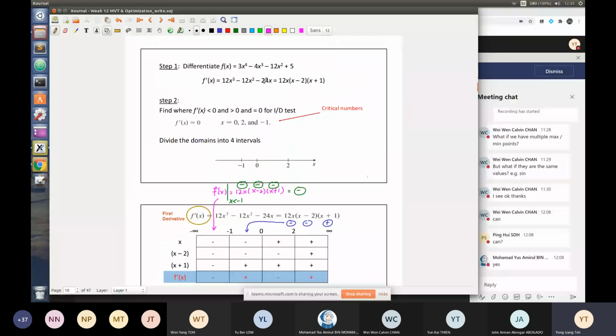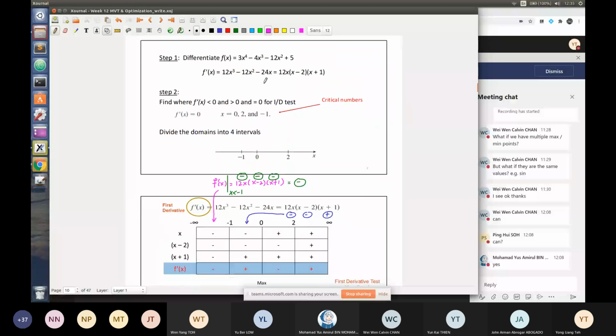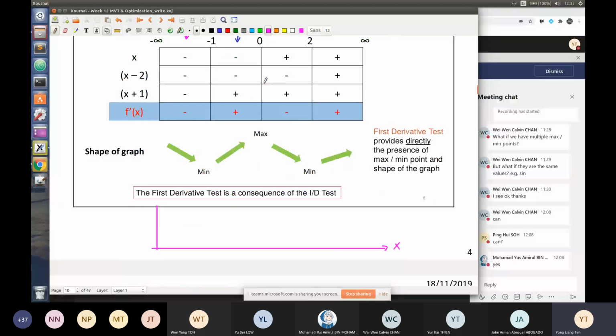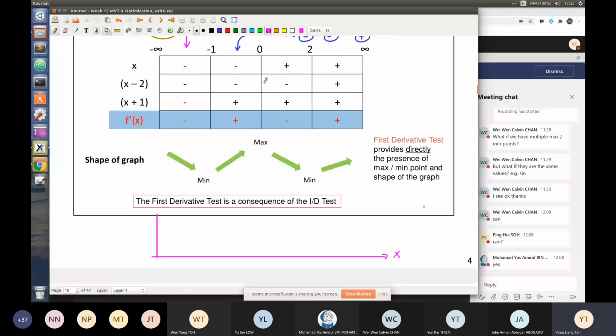Okay, function value not important, but what's important is this is -1. Then I know that there is some point. Let's say this is the function value at -1. Of course, this may not be correct, but doesn't matter.